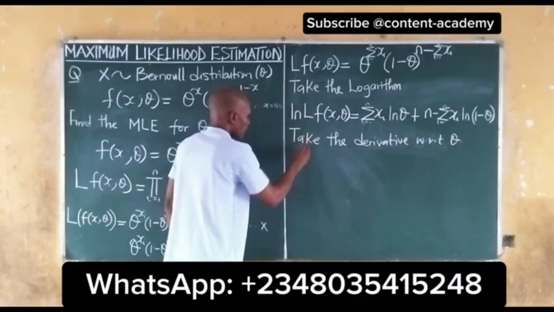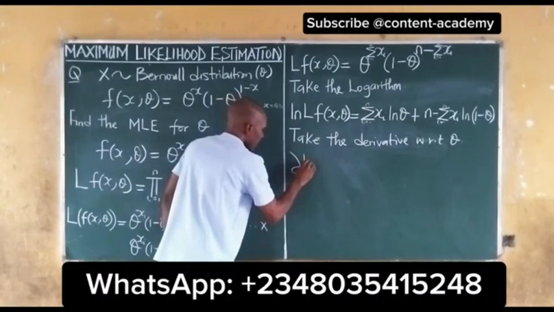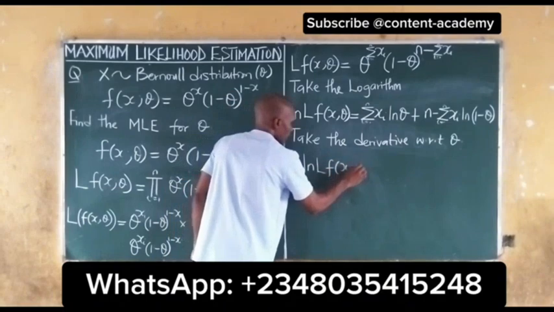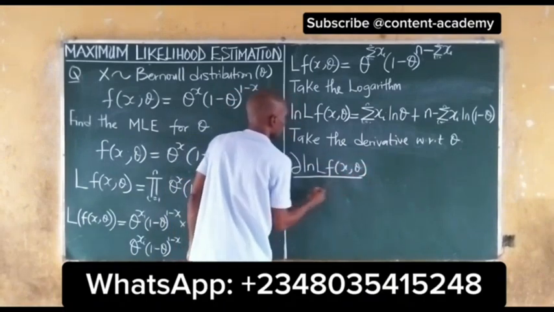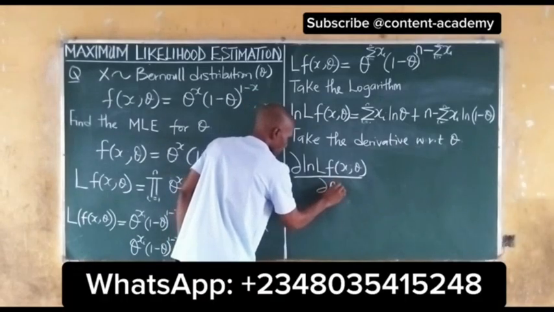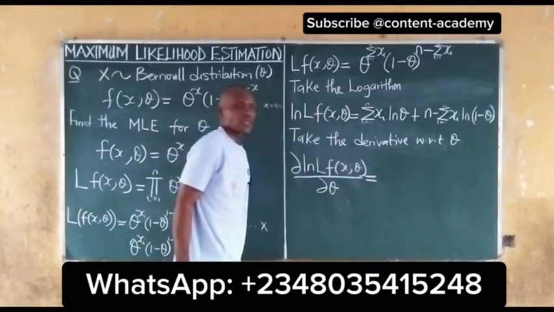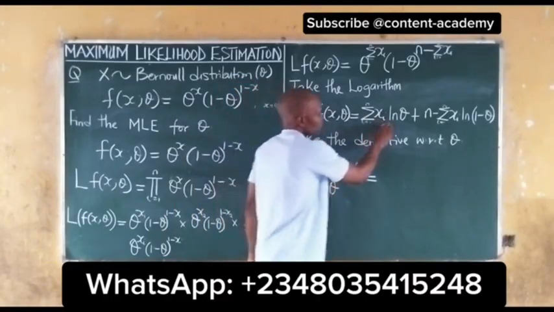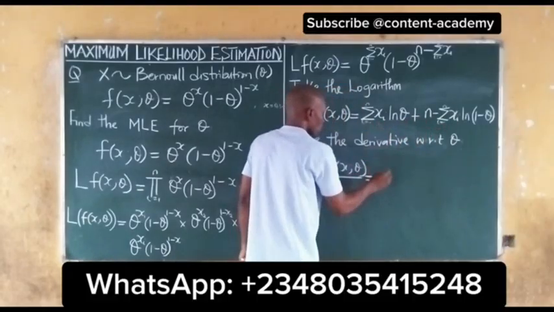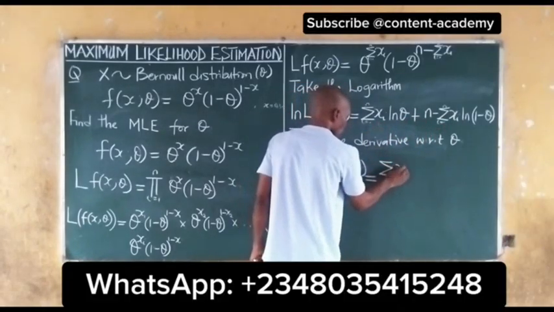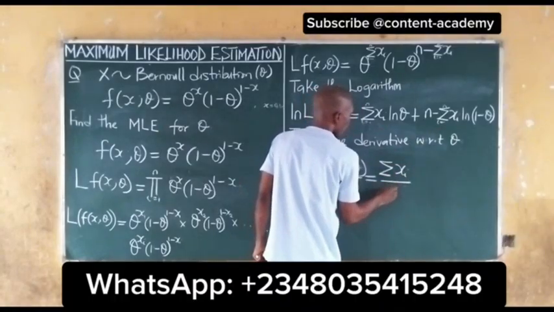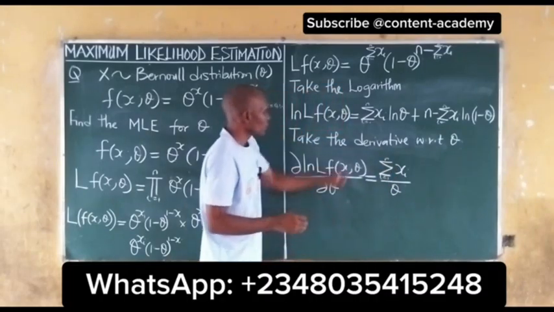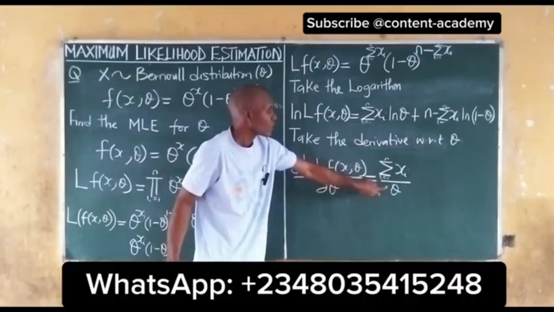Taking the derivative, we can write it as d ln f of x, theta, over d theta, to be equal to, if we differentiate this function, we get something like this: summation of xi all over theta, as i running from 1 to n.